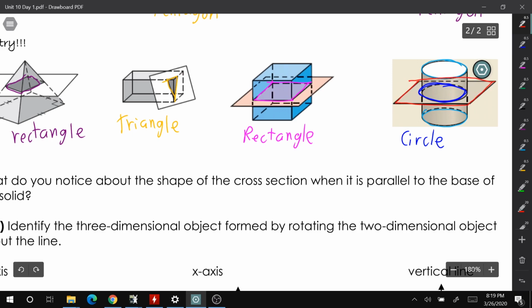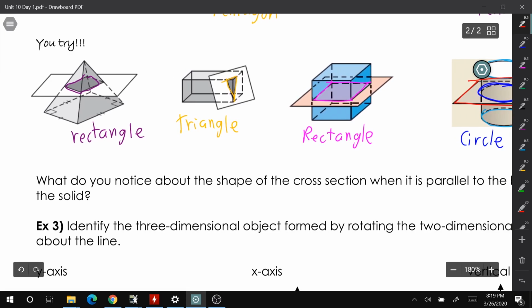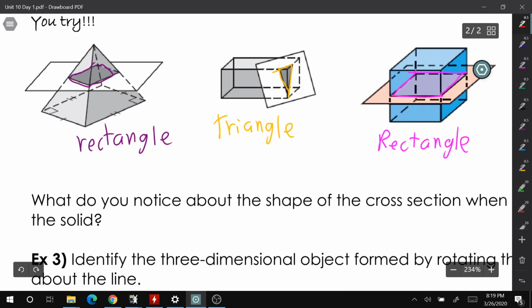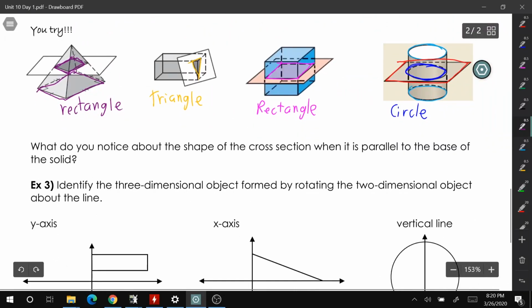Our plane is parallel to the 2 bases, so it's the same shape. Now, not necessarily the same size all the time, because you look at this pyramid one, the base is also a rectangle, and the cross section is a rectangle, but clearly the cross section is smaller than the base. So what we'll notice is that the cross section is the same shape as the base.